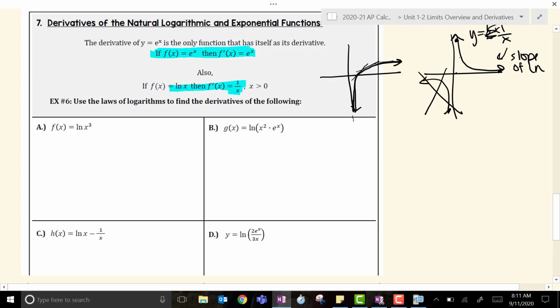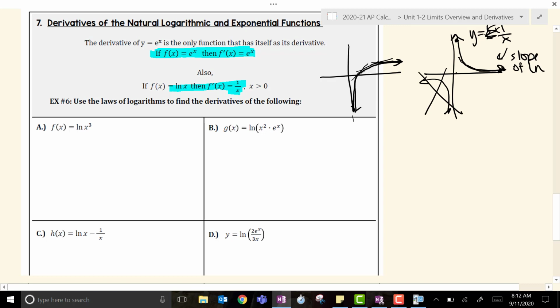Our slope is super high the closer we get to 0. And then we start flattening out. We have some very normal numbers, and then we get closer and closer to a very, very low slope. Our slopes get closer and closer to 0, never completely 0, right? Because there's an asymptote there on that 1 over x. And this graph is never going to completely flatten out, but it gets very, very close to doing so.